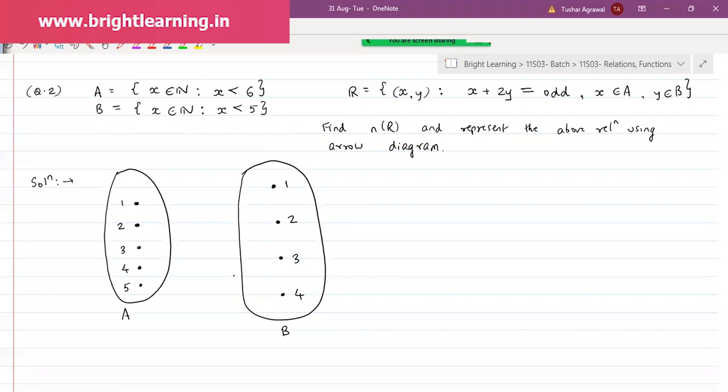If you are able to find the cardinality of R, write it in the chat box. No, Sanat, wrong.